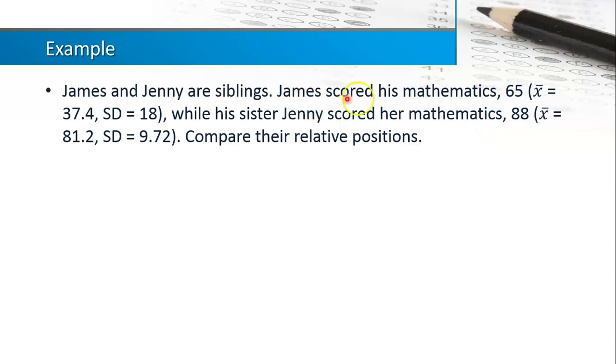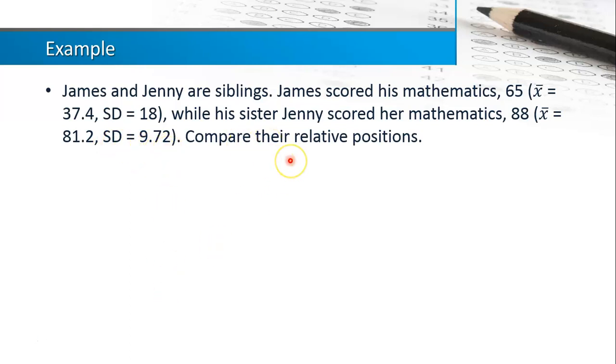James scored 65 in his mathematics, and the mean of that distribution is 37.4 with a standard deviation of 18. His sister Jenny scored 88 in her mathematics, but the mean score for that particular test is 81.2 with a standard deviation of 9.72.